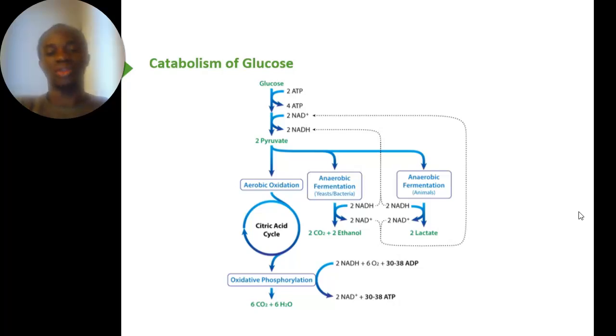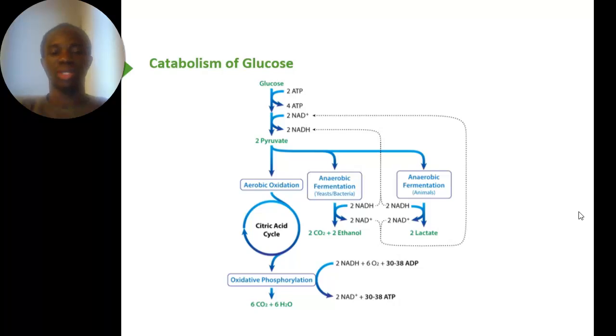So if there is no oxygen, pyruvate from glycolysis undergoes anaerobic fermentation to yield ethanol and CO2 in bacteria or yeast, or to yield lactate in animals. And that is the overview of all processes involved in conversion of glucose to yield CO2 and H2O.